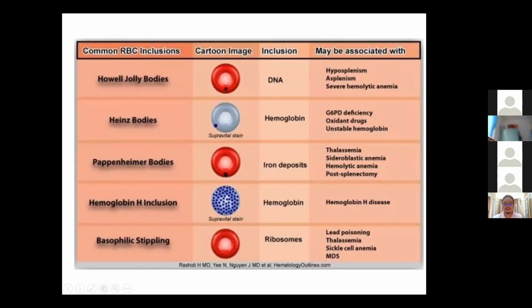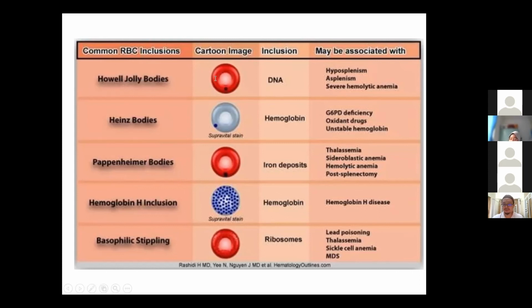Heinz bodies, we use supravital stain to see this, and normally it needs some info that the person may be G6PD deficient, then we use a specific stain. And then Pappenheimer bodies, where the denser area is larger and corresponds to the history.